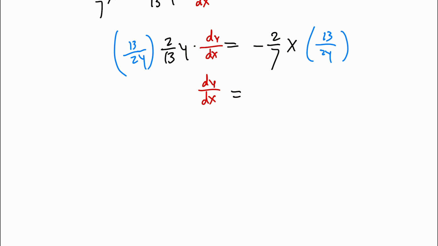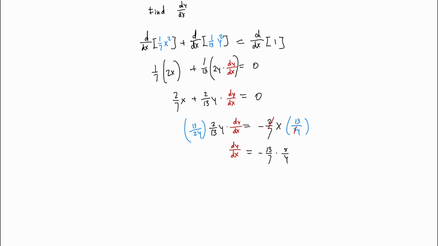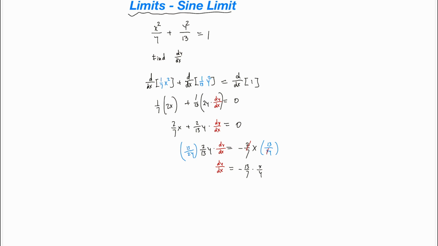Over here, the 2 and 2 cancel out, and we just have negative 7/13 times y over x. Obviously, you can combine them into one fraction, but I would like to leave it like this. And this is our answer for this problem.